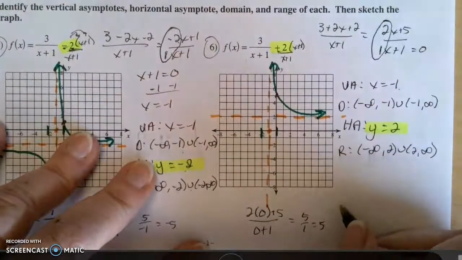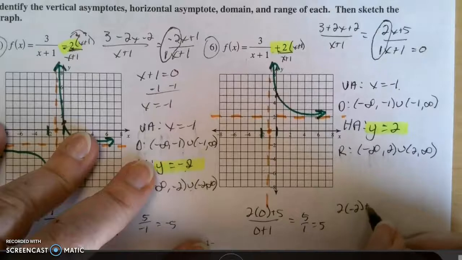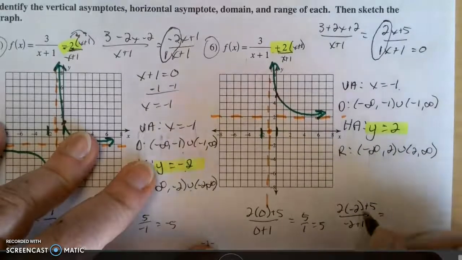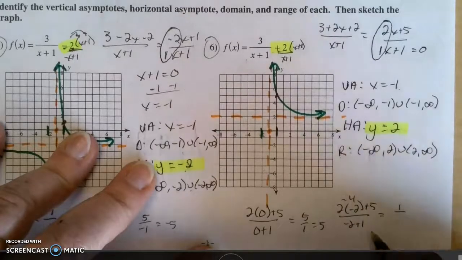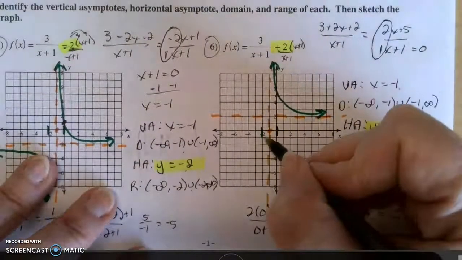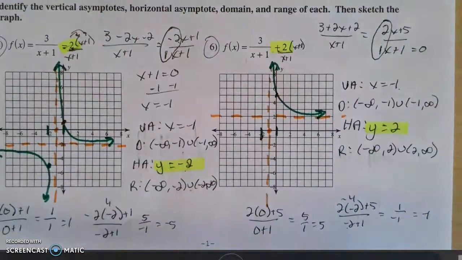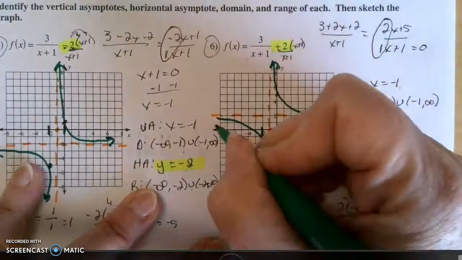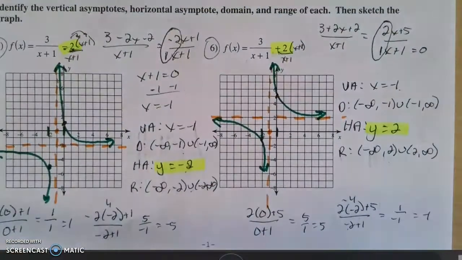I'm going to plug in -2. -4 plus 5. -2 plus 1. Okay. My functions look similar, but my asymptotes changed.